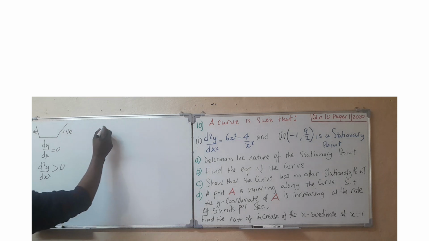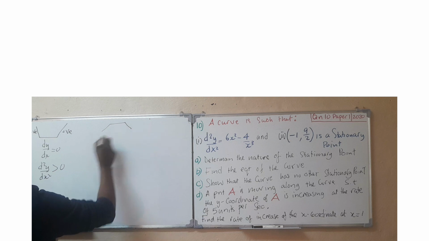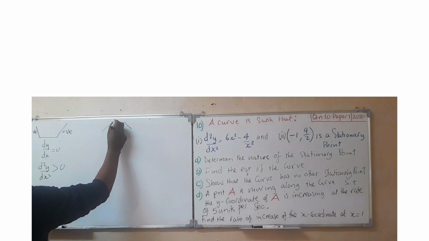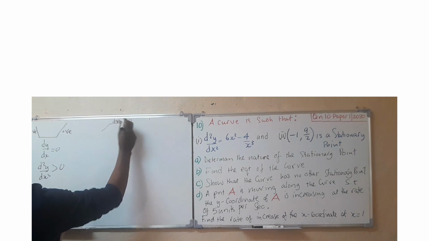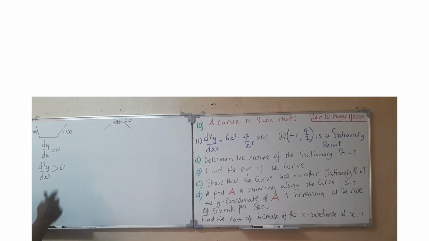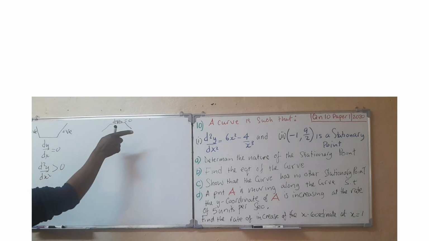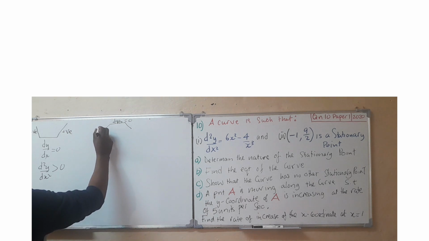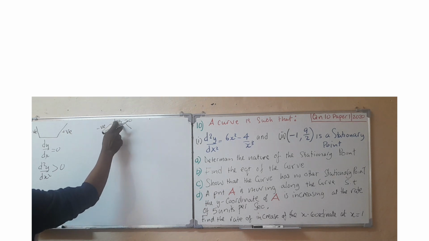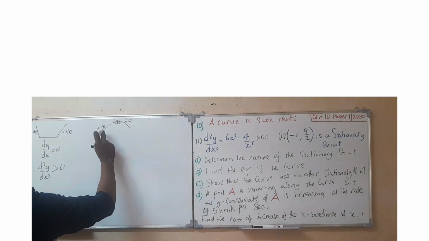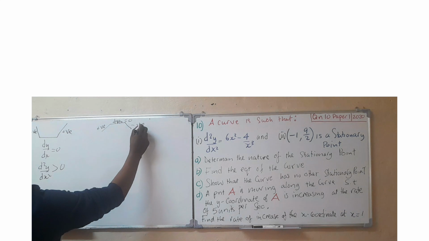Over here, where we have a maximum point, the opposite is happening. Here again, dy/dx is still 0, and the curve is parallel to the x-axis. But as we approach it in the positive x direction, we start off with a positive slope, it goes through 0, and it becomes negative.